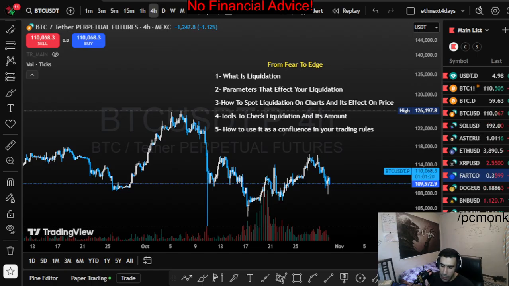So now we come back to the cross and isolated types of liquidations. What is the difference? When you are trading in isolated mode, every position is isolated from the rest of the account.